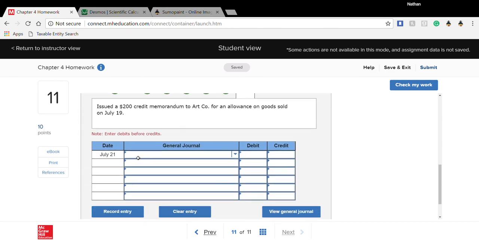So this means we have sales returns, so sales returns and allowances. Again, we do not affect the revenue account, only returns and discounts from here on. And of course, we received our merchandise back.